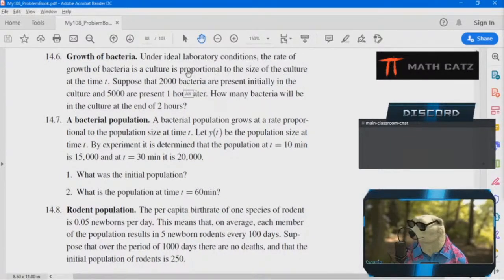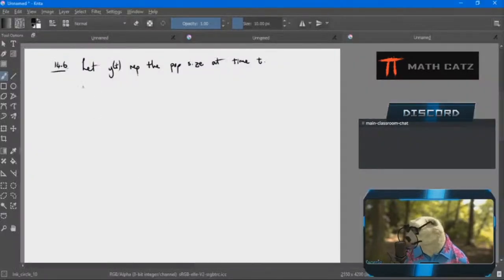I have that proportionality property, and that allows me to say that the rate of change of the population size is some constant times the population size. And initially, I might have an amount.